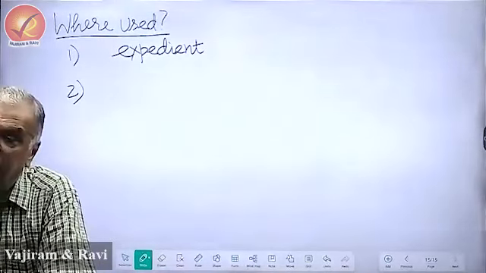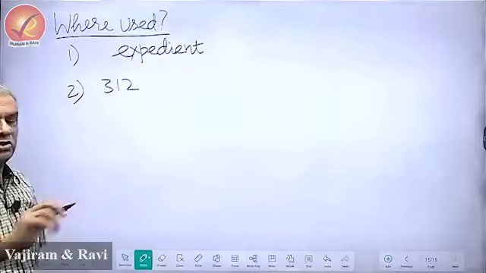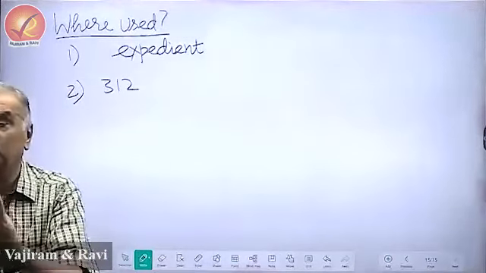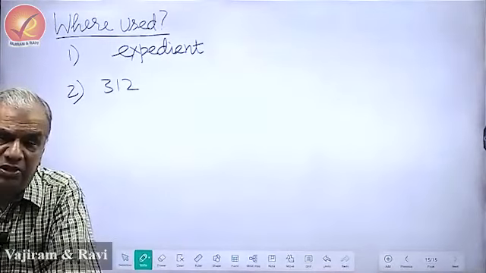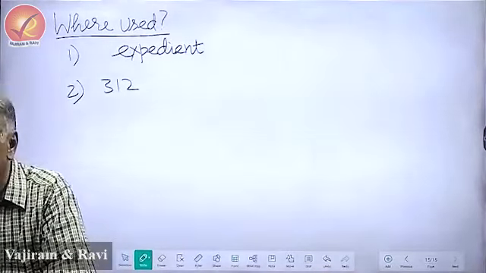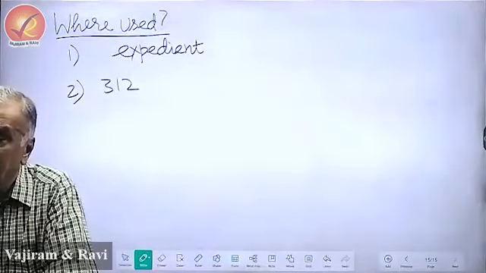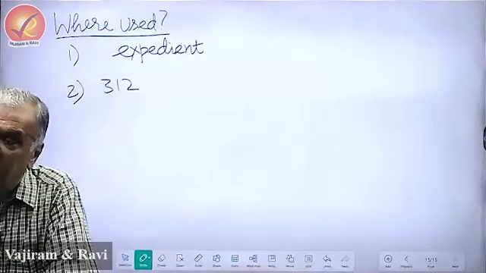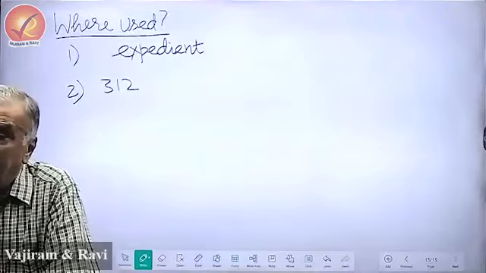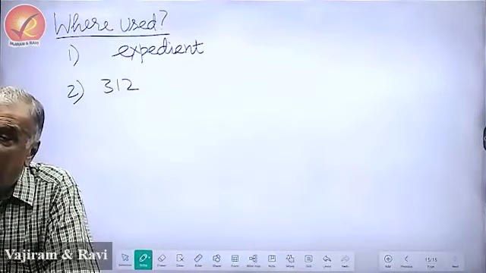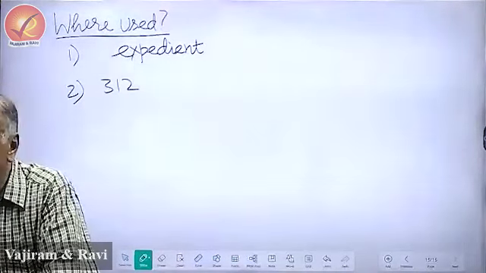The second occasion is under Article 312. The Constitution has created 2 All India Services originally, the Indian Administrative Service and the Indian Foreign Service. All India Service means the officers of these services can work both under the central government and the state governments. And if a new All India Service is to be created, what is the procedure?